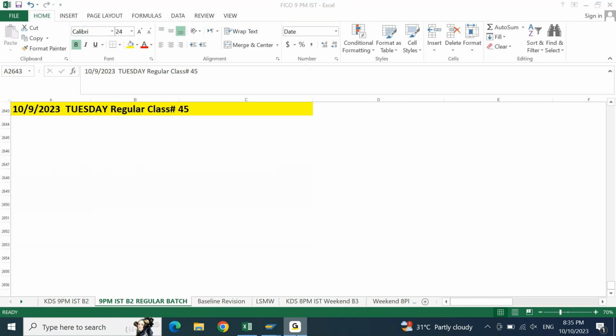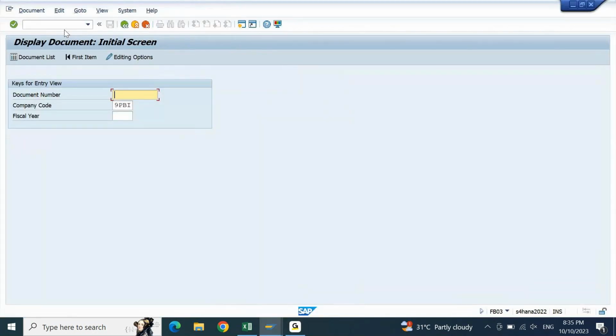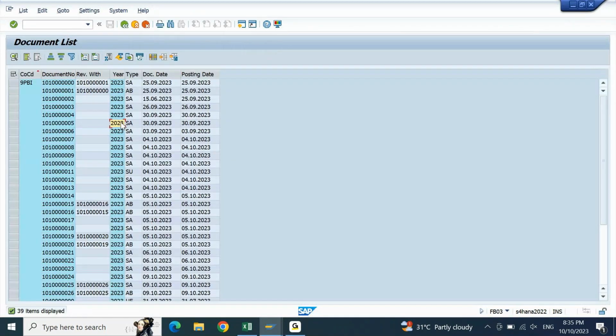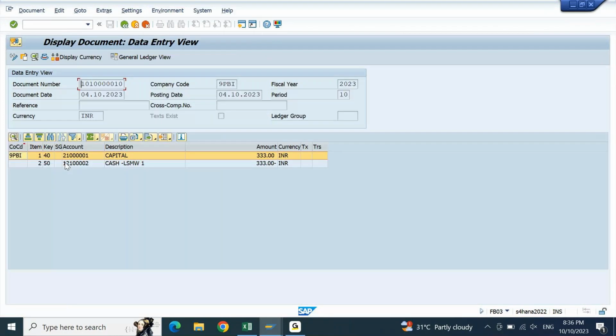Okay. Let me display any one document. If you see this entry, in which period is it showing that the entry is processed? 10th. 10th period.